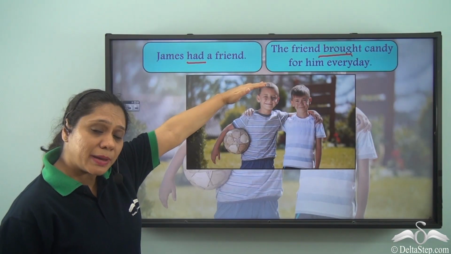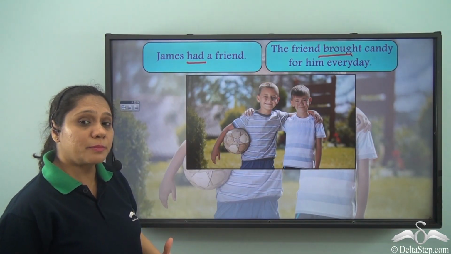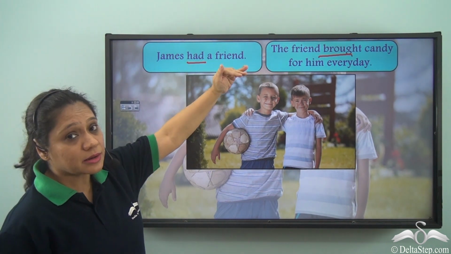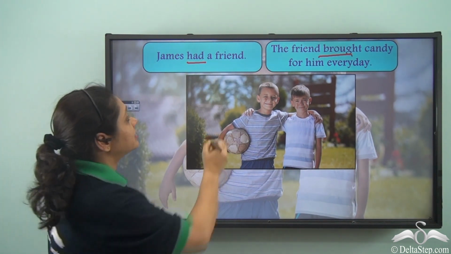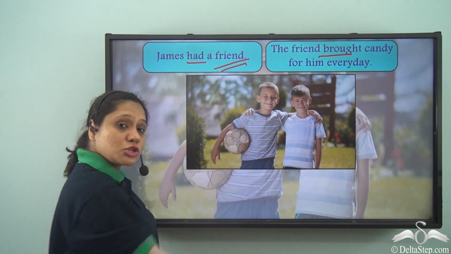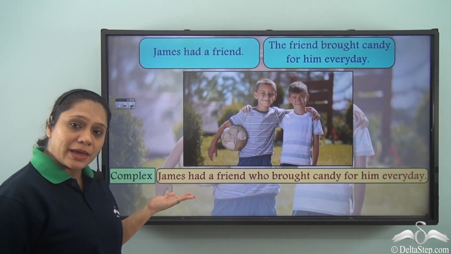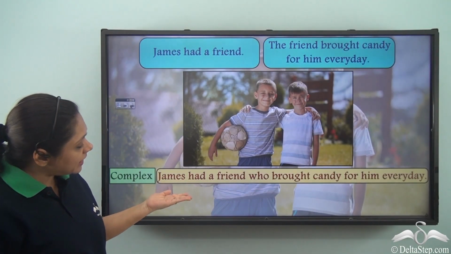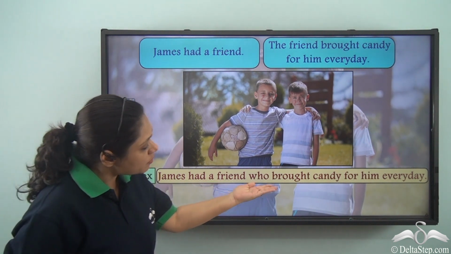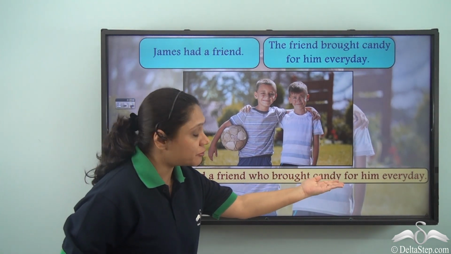Now, the second main clause is giving us information about the friend. Now, this same friend is mentioned in the first independent or main clause. So, how will we join the two clauses? We will join them and write: James had a friend who brought candy for him every day.